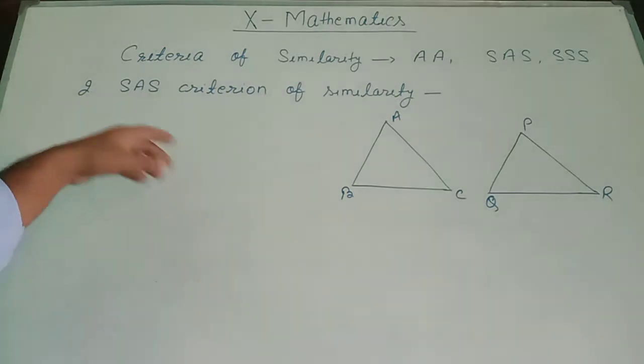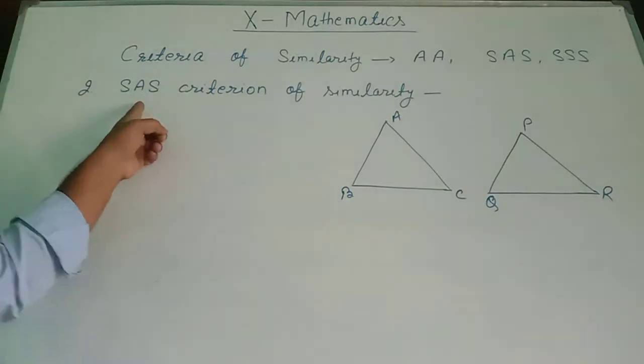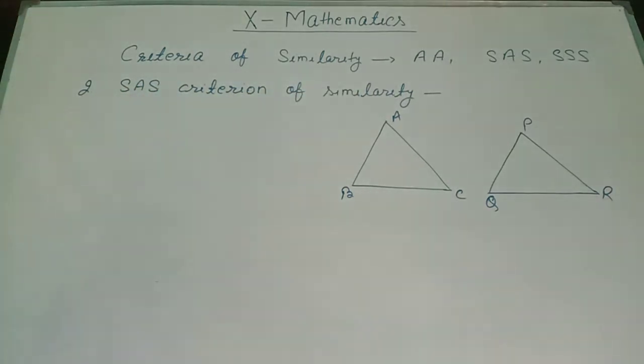Next rule of similarity is SAS criterion of similarity.